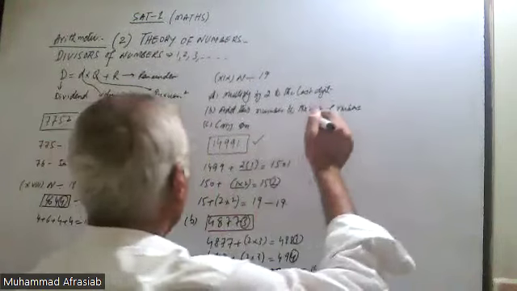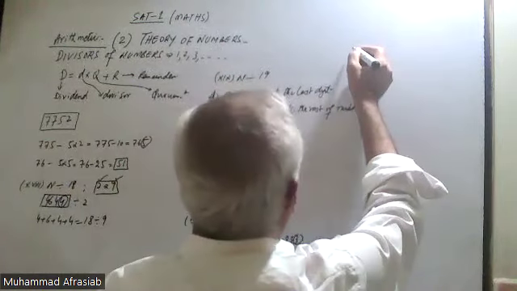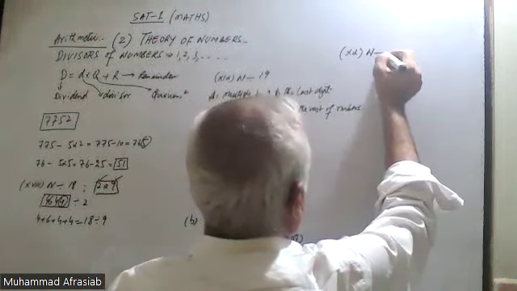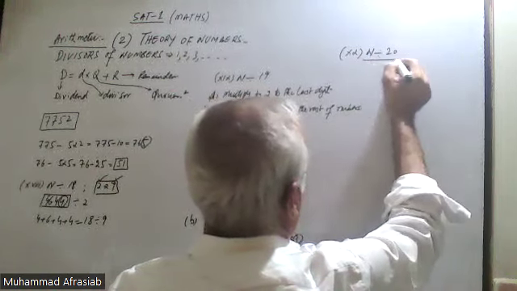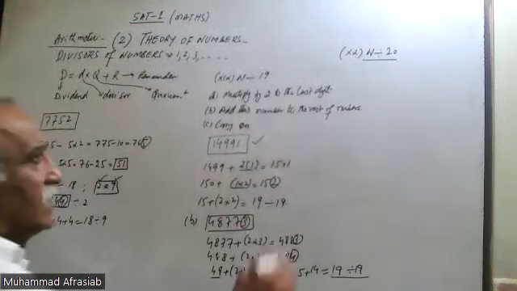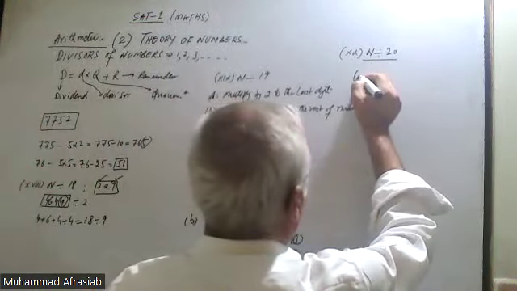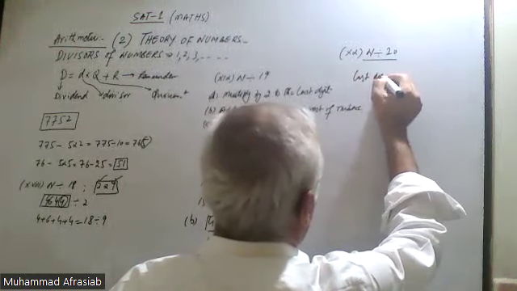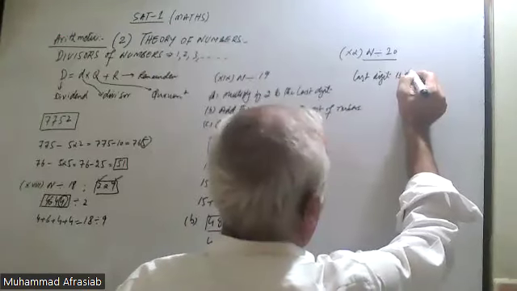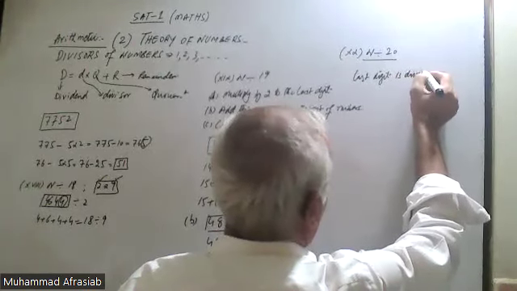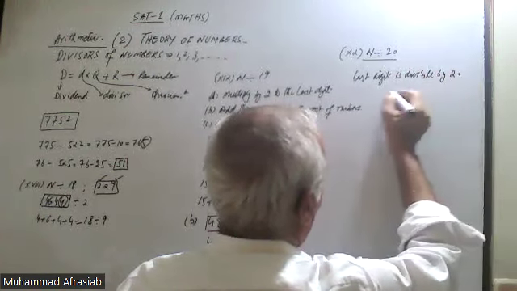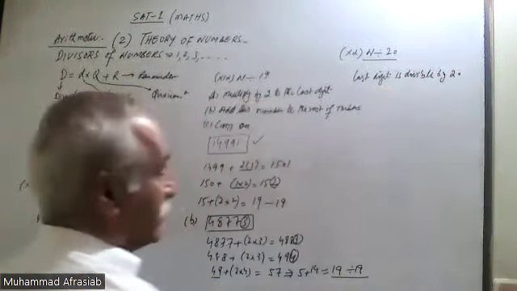And the last one is a number divisible by 20. If the last two digits are divisible by 20, then the whole number is divisible by 20.